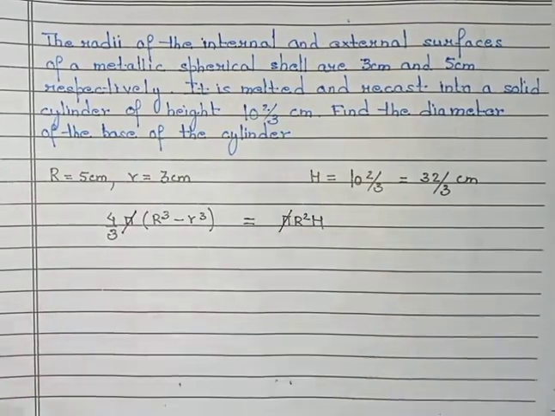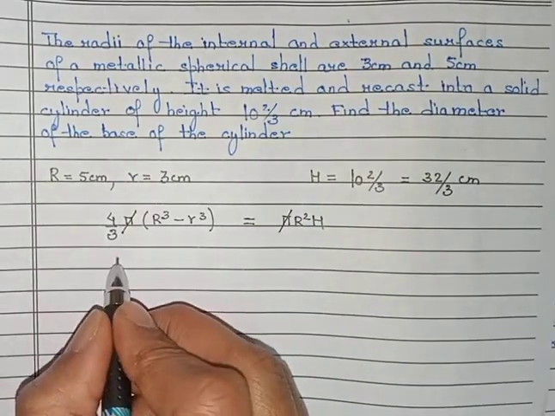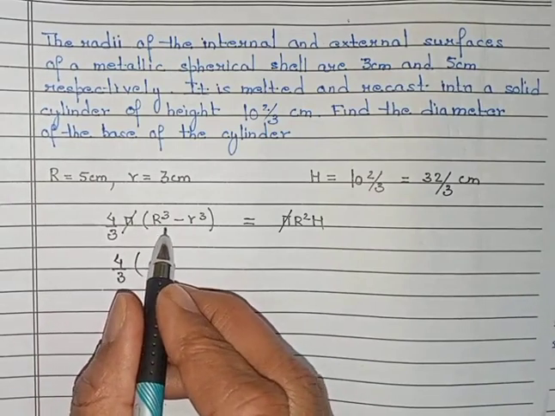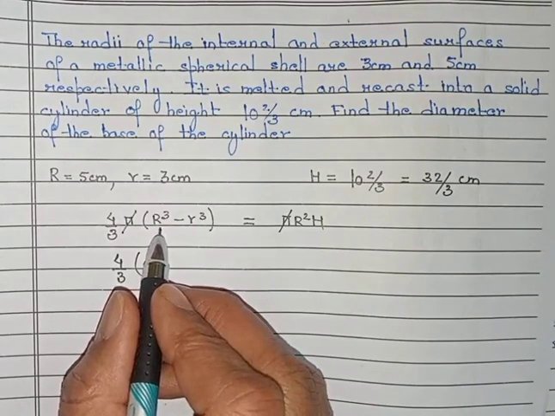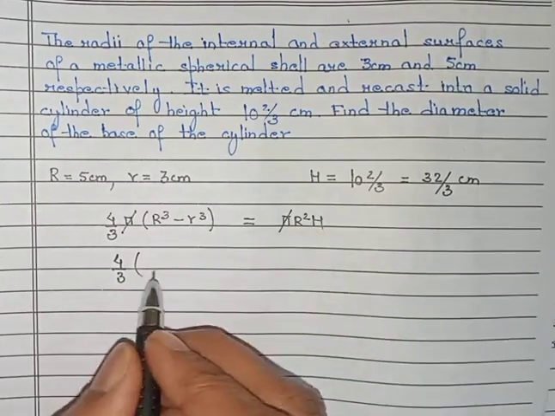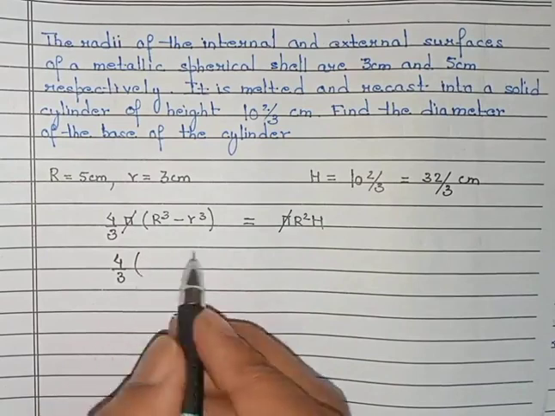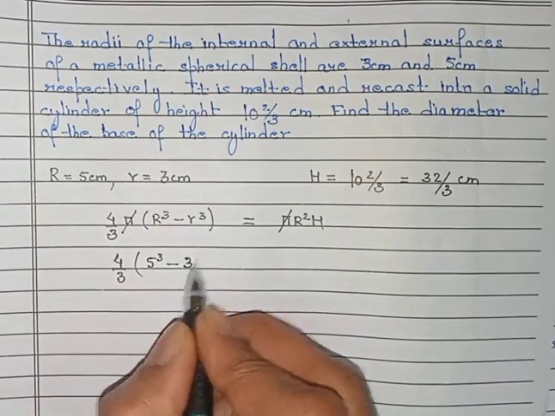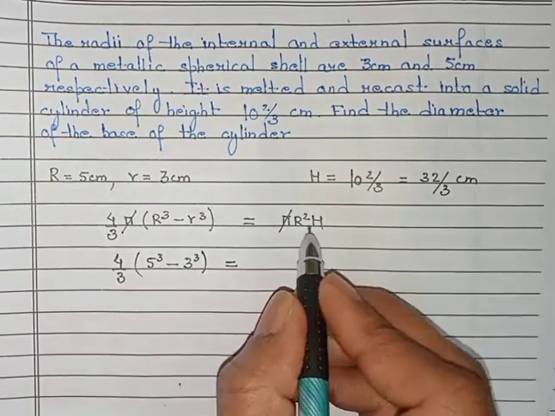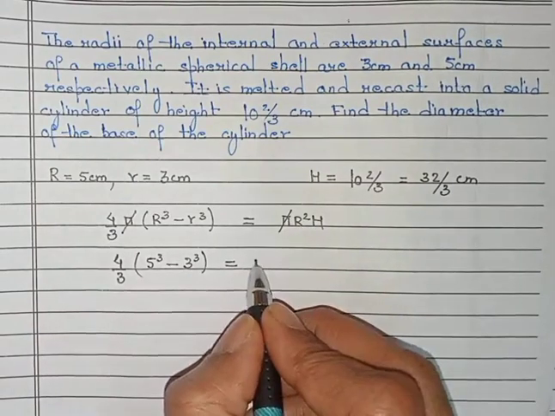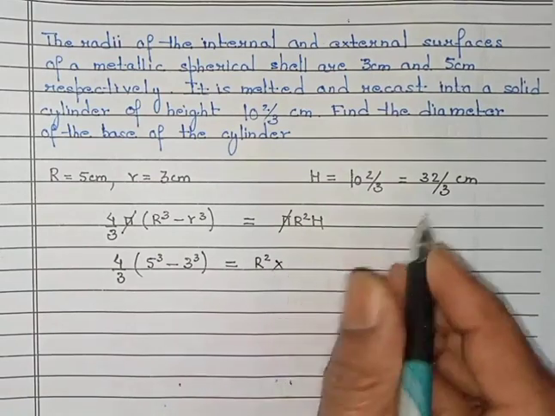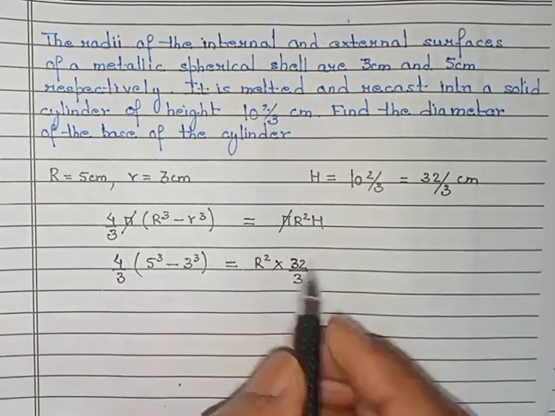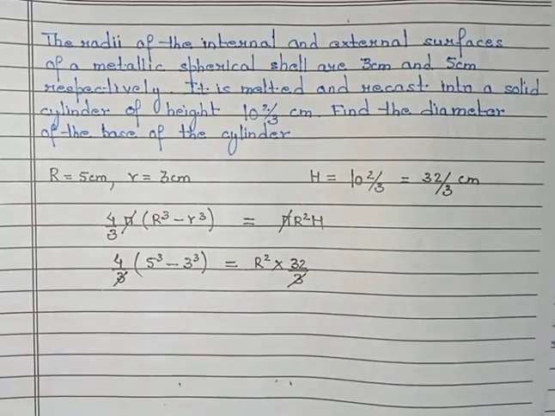Before substituting the values, you can cancel out pi. Now R cube minus r cube will be 5 cube minus 3 cube, and on the right side you have to find the radius, and the height is given as 32 upon 3. First of all, we can cancel out these two.